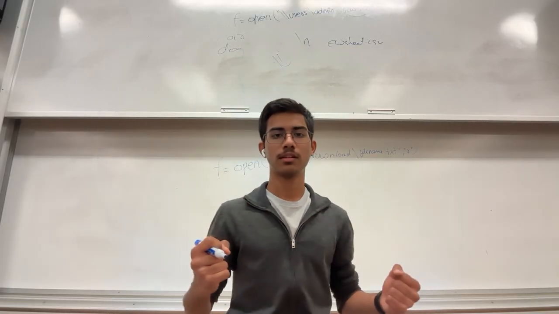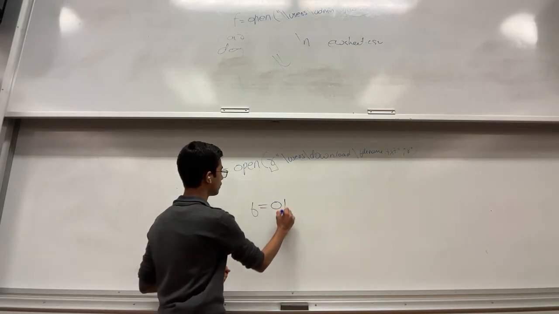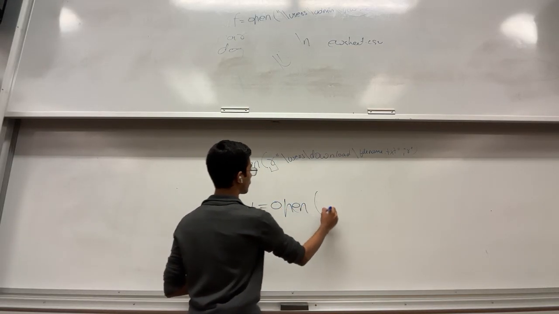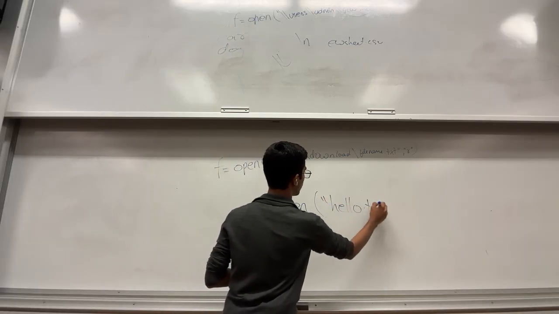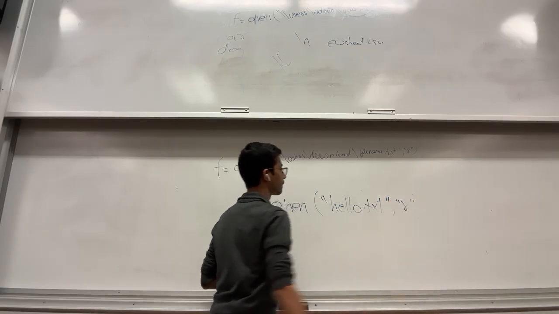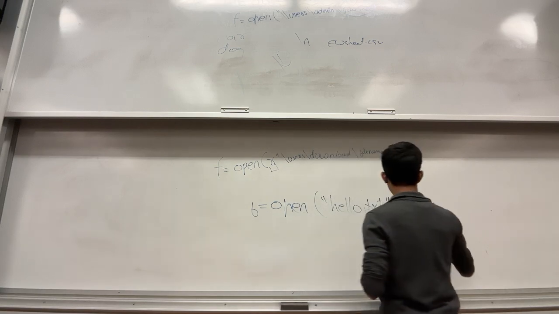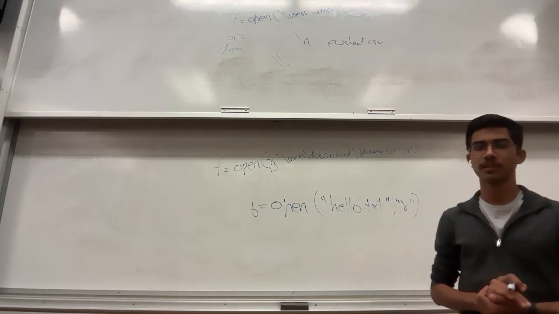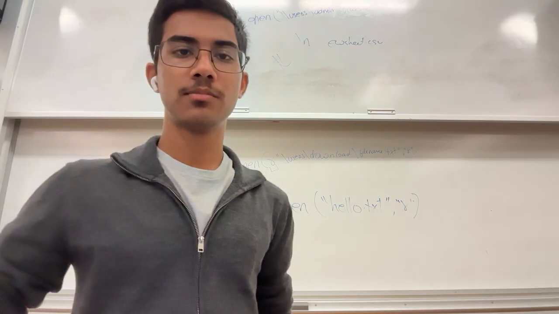Let's just assume that. So if that's the case, then you'll write F is equal to open hello.txt, comma R. Now, the mode that you open it in depends on what is specified in the question. Okay, let's move on.